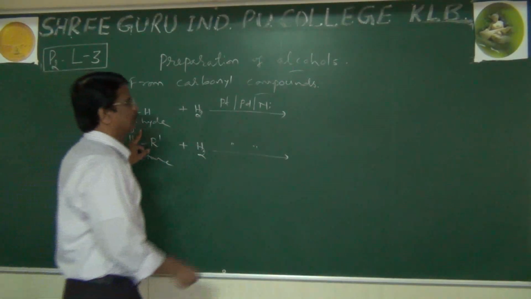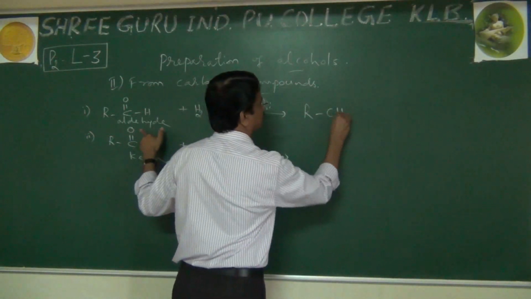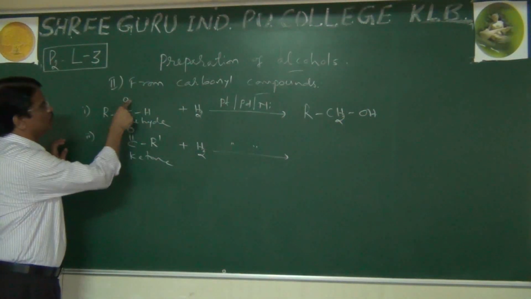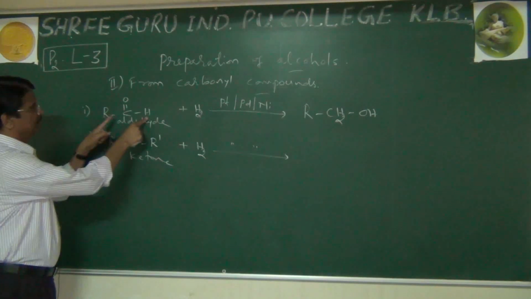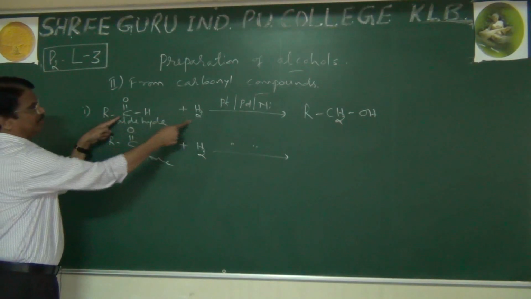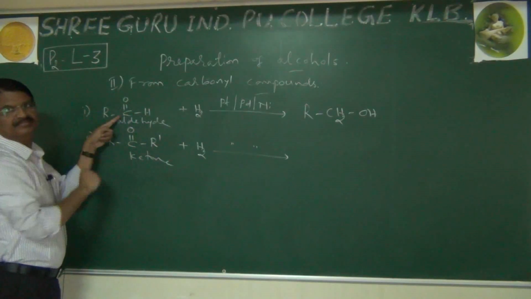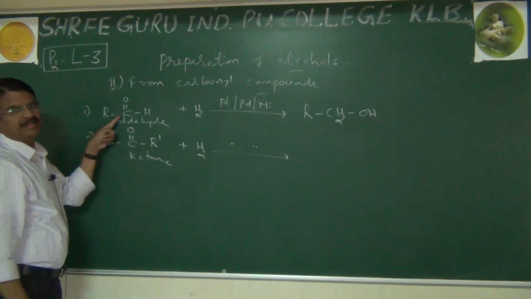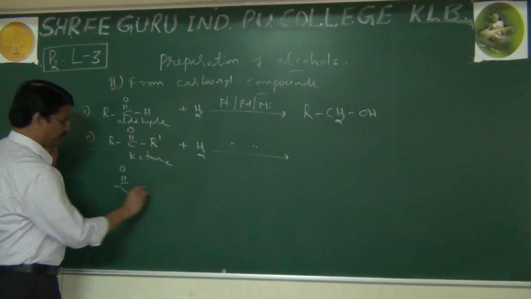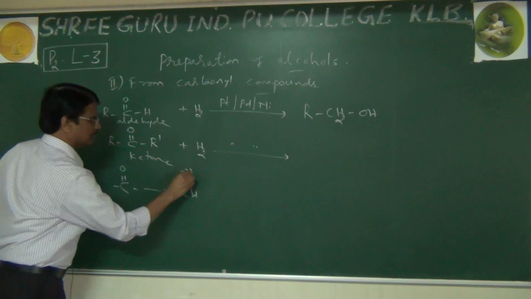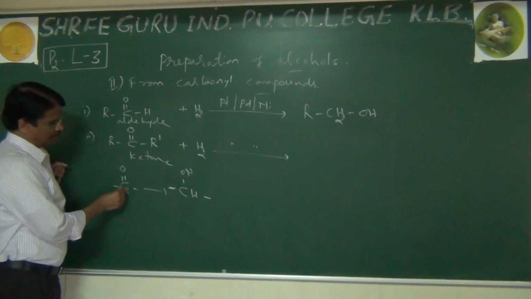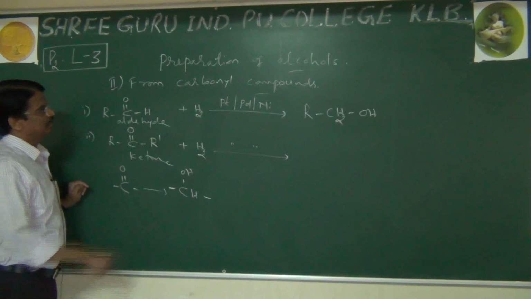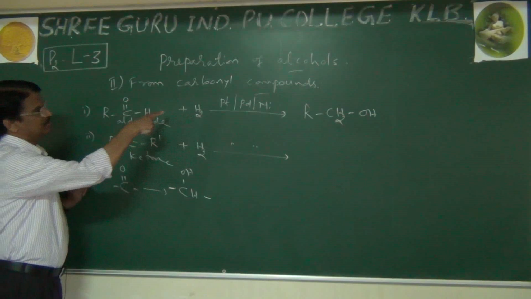Aldehyde on reduction forms RCH2OH. C=O changes into CH-OH by the reduction method, but there is already one H, therefore we get CH2.